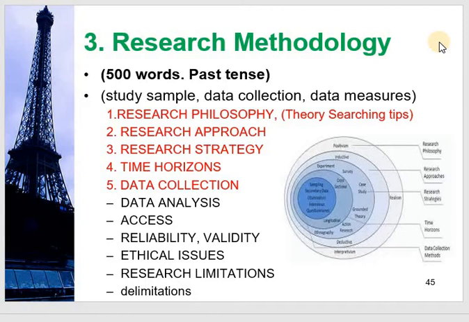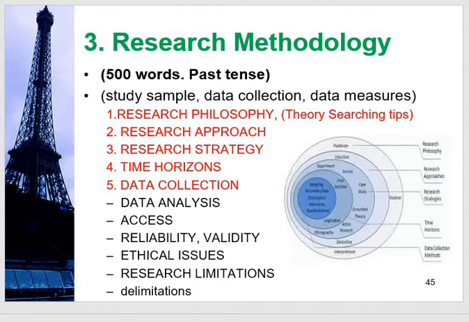Saunders et al. have presented this research methodology. There is research approach, research strategy, time horizons, meaning at which time you will collect the data, data collection, data analysis, access, reliability, validity, ethical issues, and research limitations.